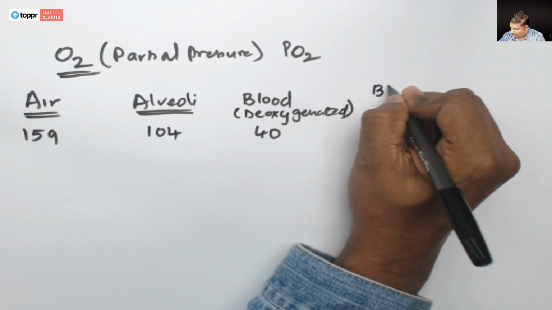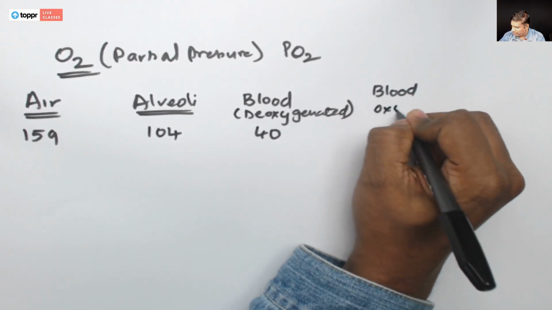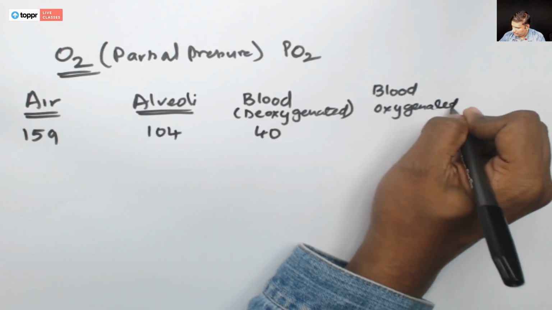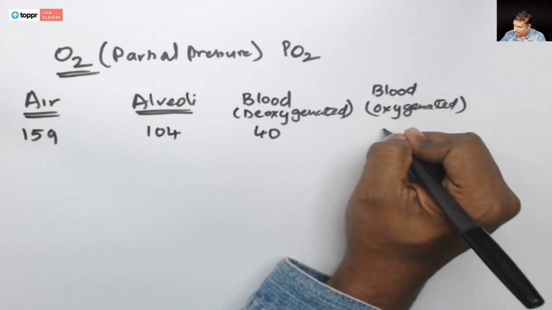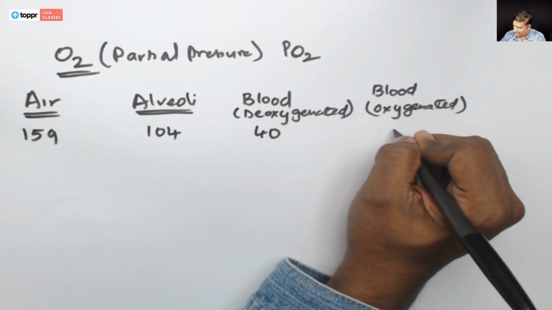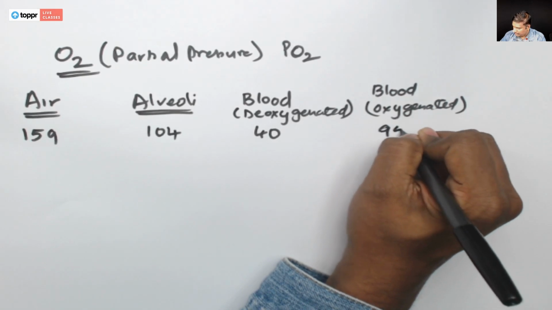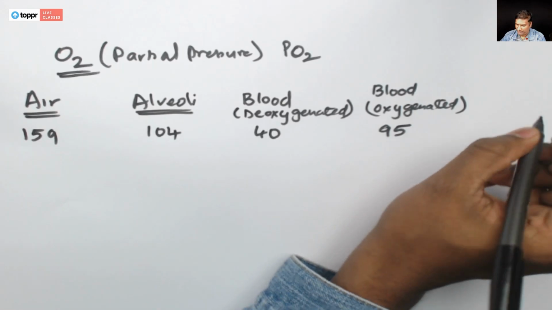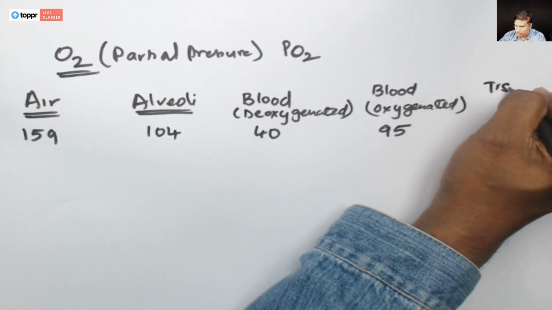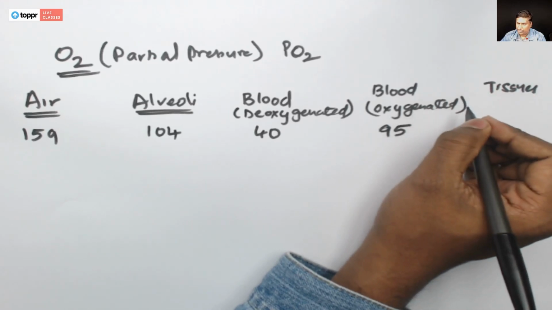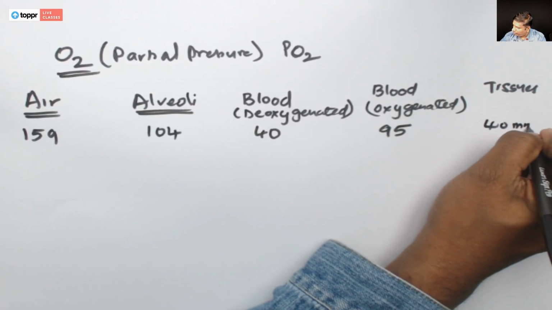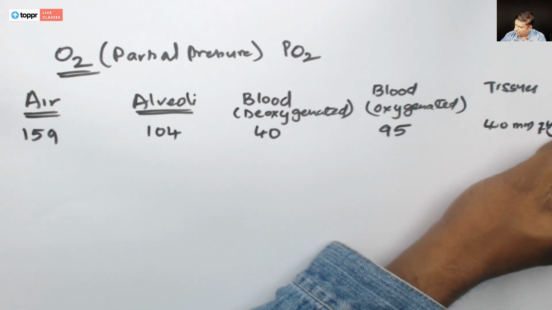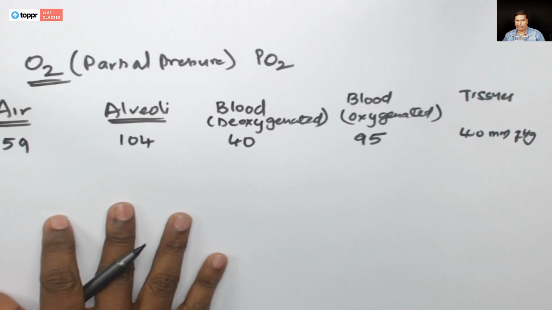And once the blood gets oxygenated, that is blood with the oxygen added to it, the partial pressure of oxygen in the blood which is oxygenated is 95 mm of Hg. And finally in the tissues, it is 40 mm of Hg. Okay, in the tissues it is 40 mm of Hg.